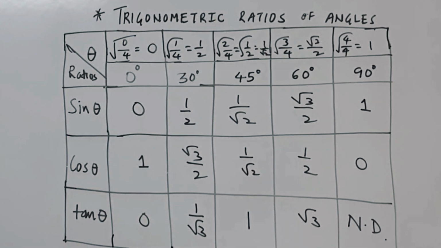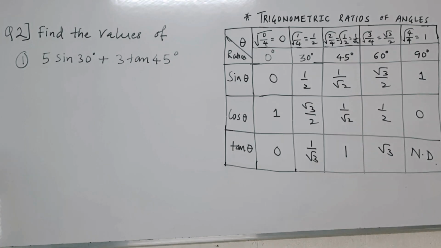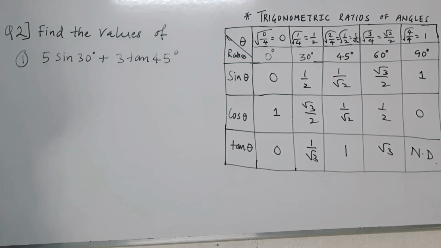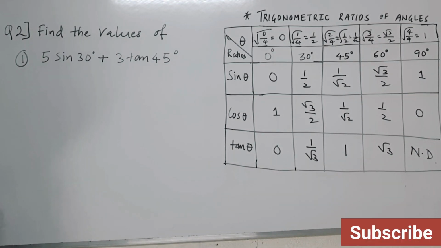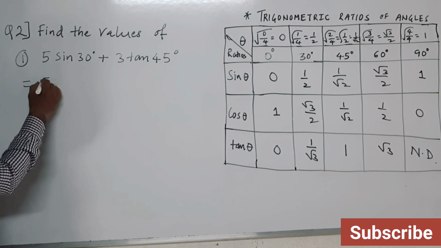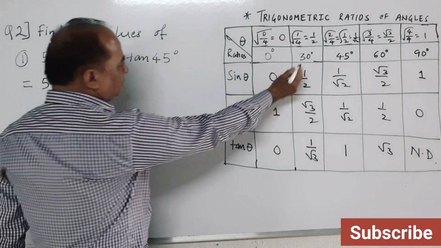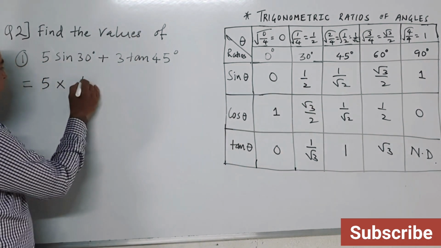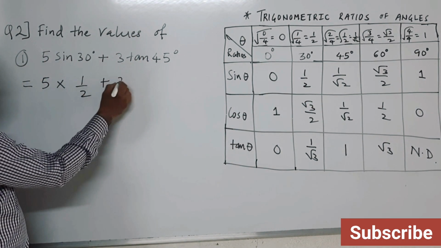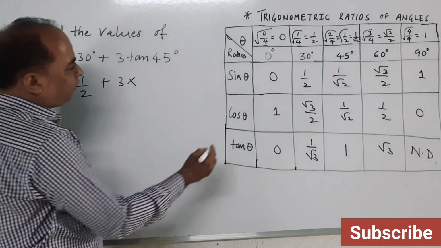Now using this table, we will solve question number 2. Question number 2, find the values of, first example, 5 sin 30 degree plus 3 tan 45. So it is equal to 5 into sin 30. Sin 30 is equal to 1 upon 2, plus 3 into tan 45.